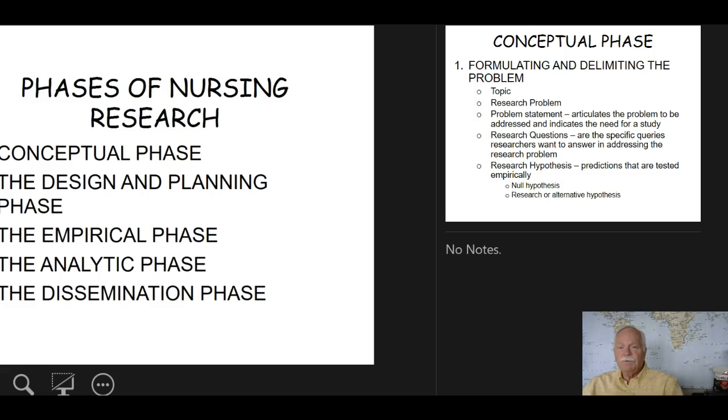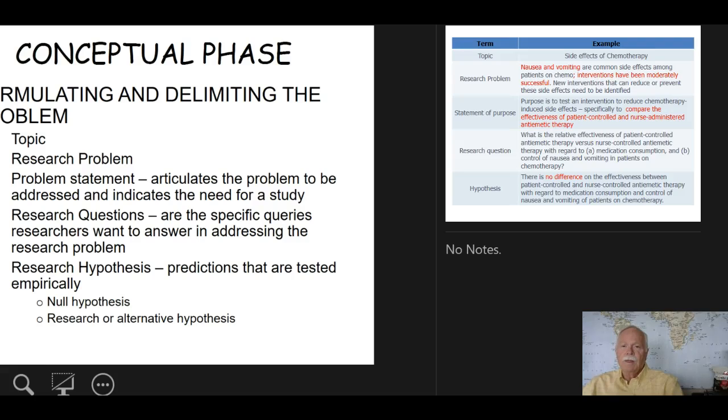It has the conceptual phase, the design and planning phase, the empirical phase, the analytic phase, and the dissemination phase. Now, in the conceptual phase, that's where you begin formulating and delineating the problem.